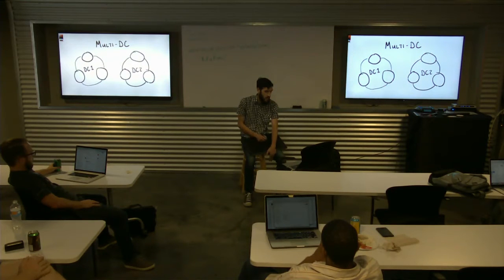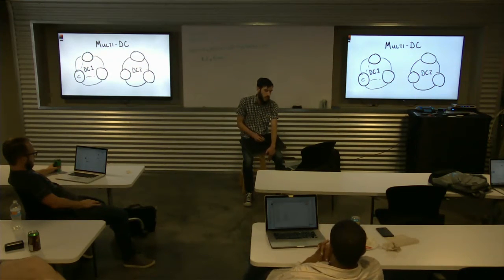Okay, so say this node's our coordinator again, and as usual, it will write directly to the local replicas. But for the remote data center, in order to minimize the cross data center traffic, it picks out one of the remote replicas as a remote coordinator.